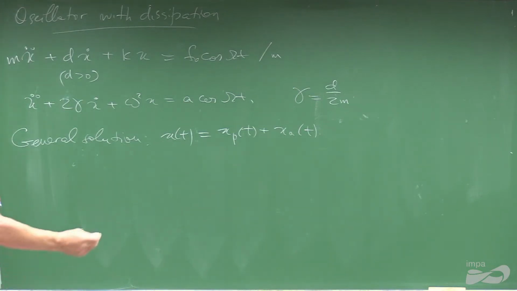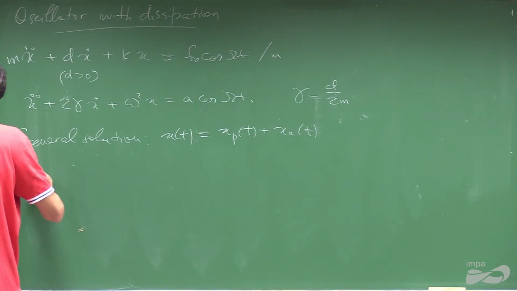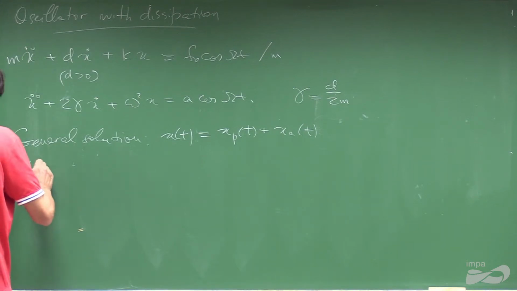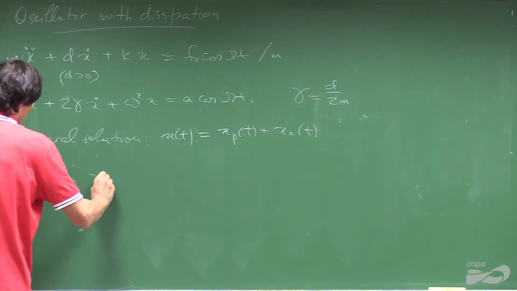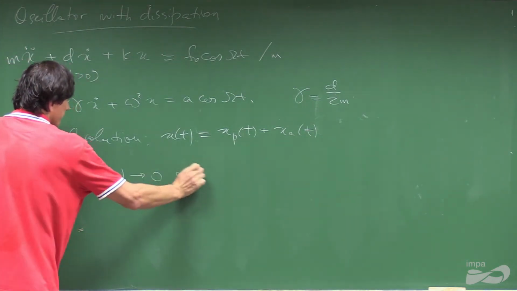The autonomous system we already know how to solve, so I will not repeat the solution, but what is important is that the solution of the autonomous system goes to 0 at large times.